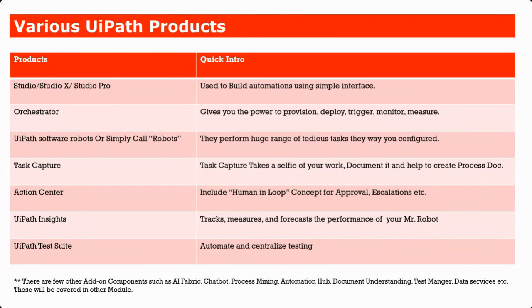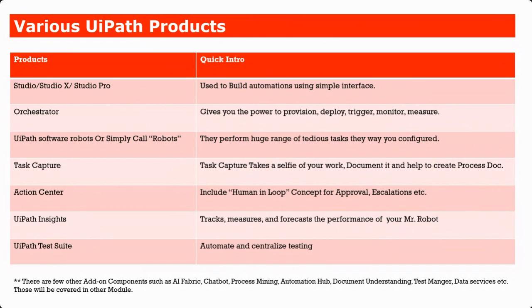Then we talked about the UiPath robots, which perform a huge range of tedious tasks the way you configured them. But apart from those three components that we saw in the last deck, there are a few other new tools that have come as add-on components in UiPath.